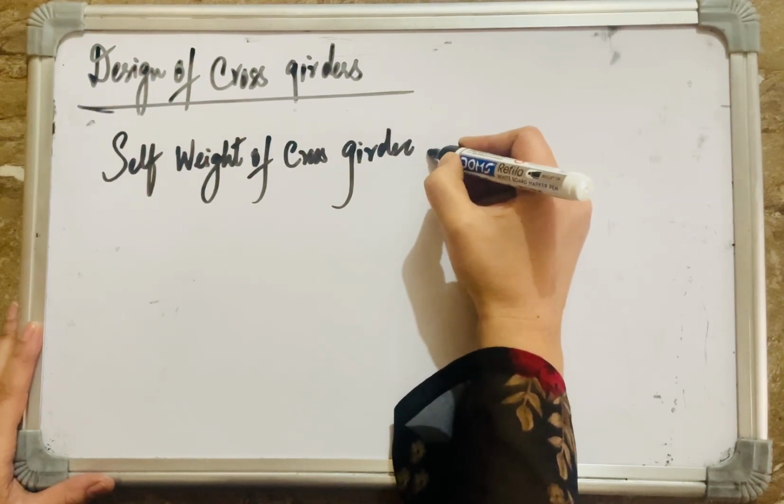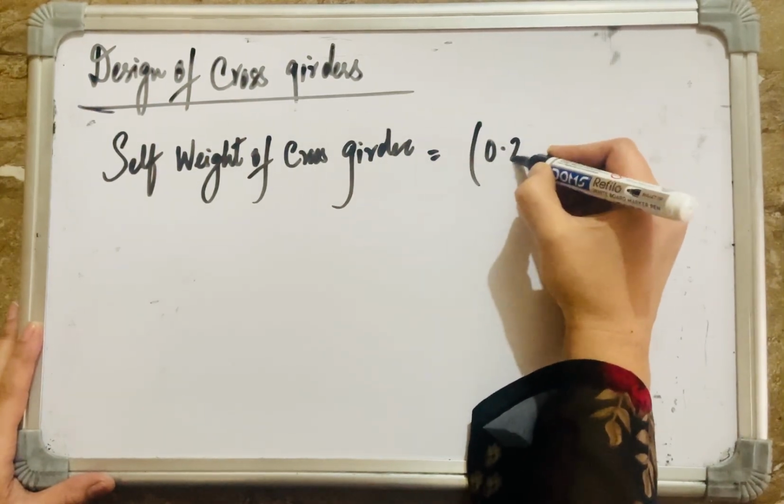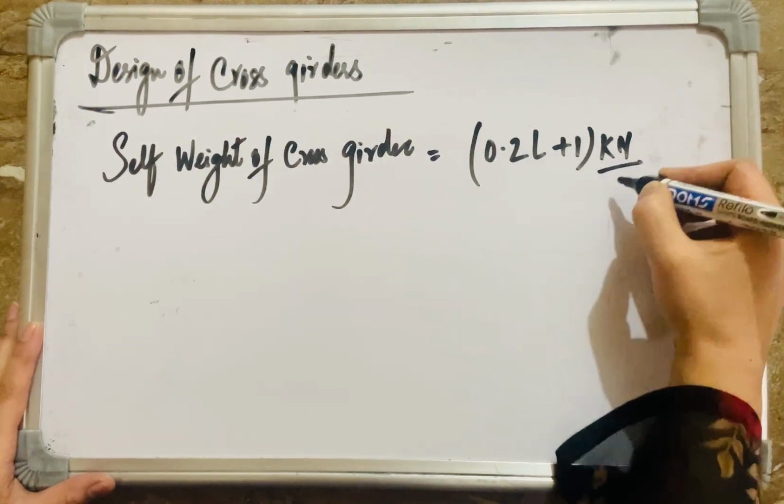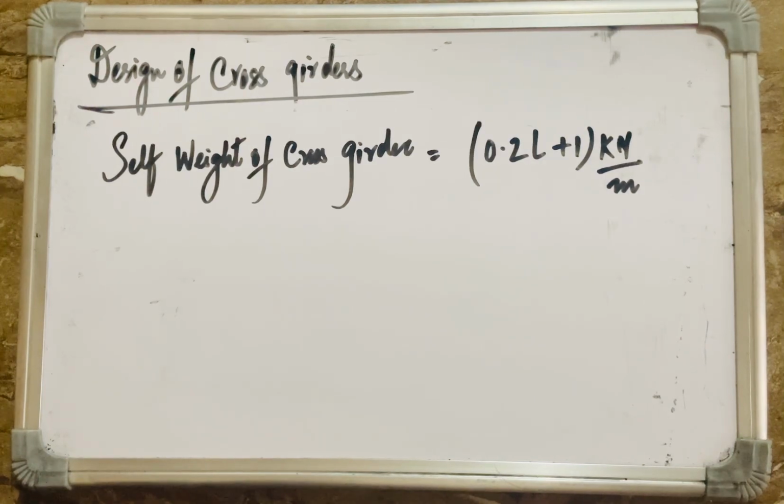Self weight of cross girder is given by 0.2 L plus 1 kilonewton per meter. This is the general design consideration for the design of the plate girders. Please recall the discussions wherein I, in the very beginning, told you that we design these cross girders as plate girders, and the general design consideration for designing plate girders is that we take its self weight equal to 0.2 L plus 1, where L is the span.